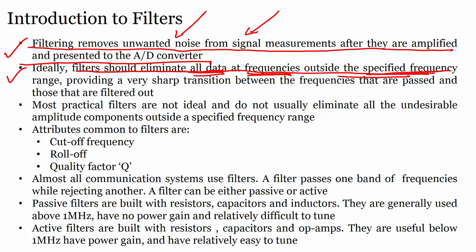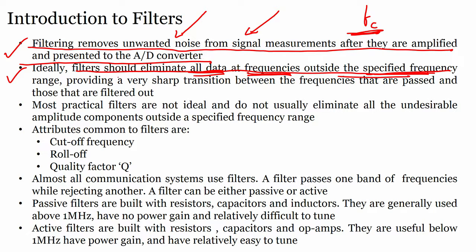So, what does that mean? If I select a frequency, let us say FC, then except for this frequency, the data from other frequencies should be eliminated. That is my ideal filter, alright.